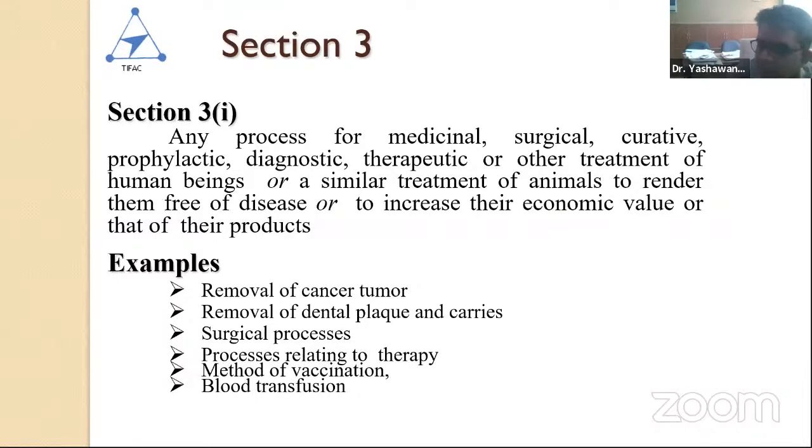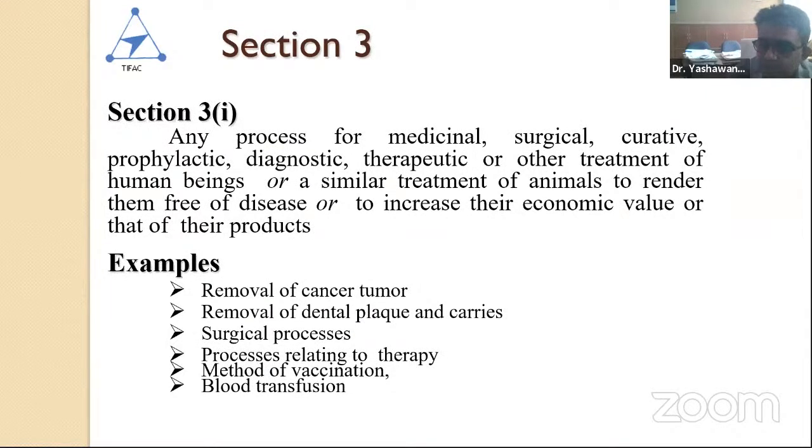But here it does not debar everything. See, if you have invented a surgical device, that will not come under this restriction. So the surgical method, the way you perform the surgery, is not patentable, but the instrument which you invented to perform a particular surgery is patentable.